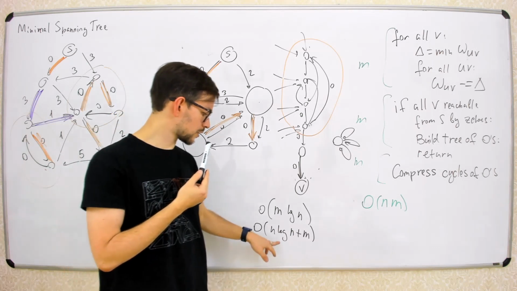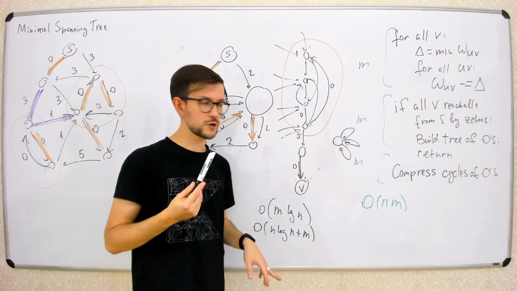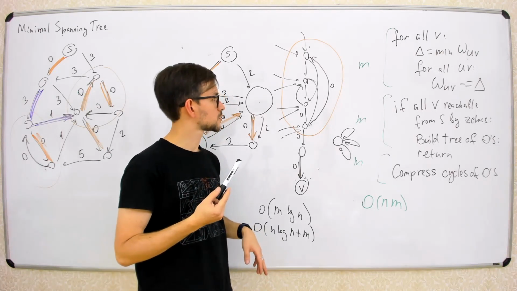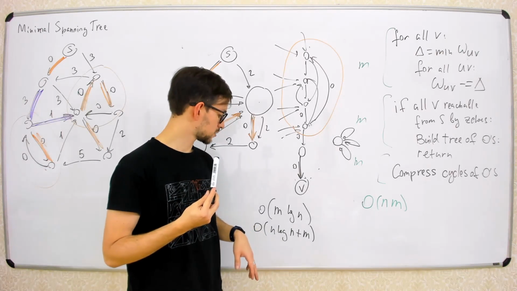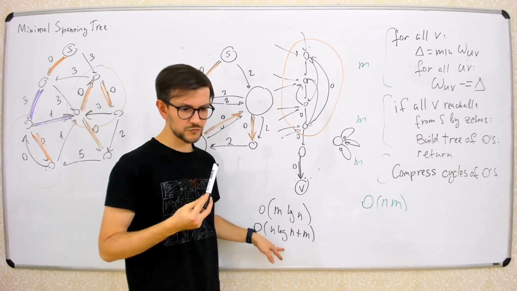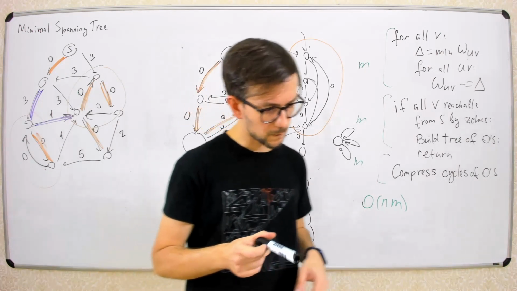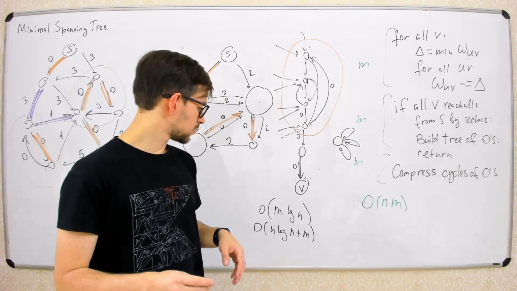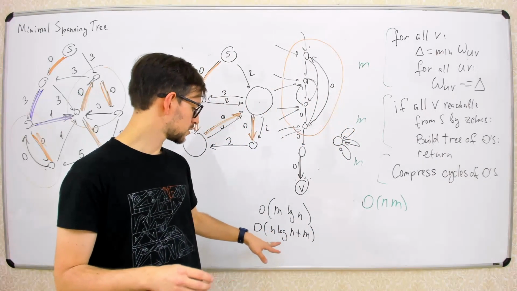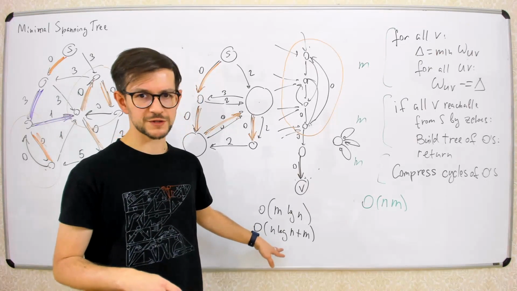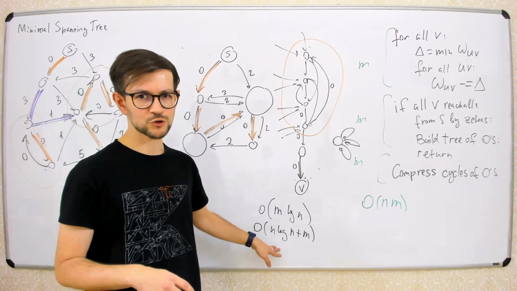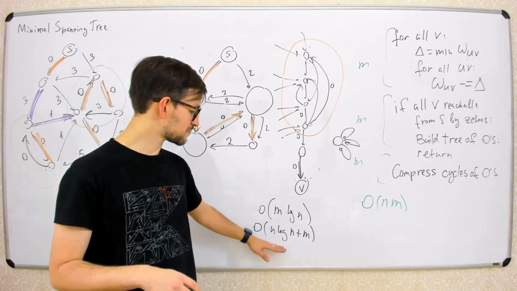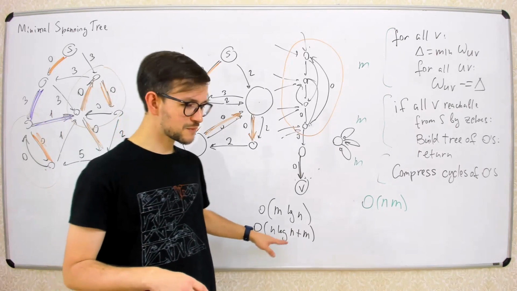I believe there is no known algorithm faster than this, but I'm not sure if there is a proof that it's impossible. I think there isn't. So maybe it's possible to do it faster, but we don't know. I didn't check. Maybe there is a proof that this is an optimal algorithm. I'm not sure about this. But that's the best algorithm I know. So maybe it's actually optimal.